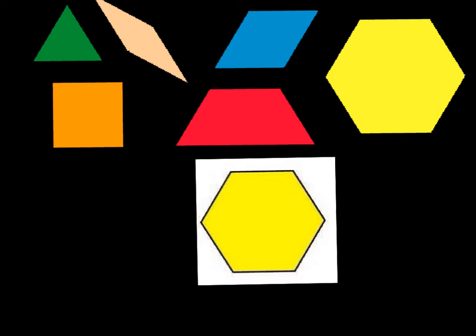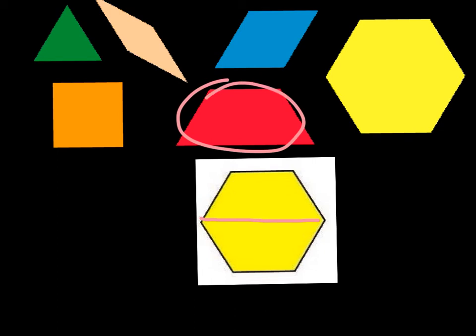Well, if you look at your pattern blocks at the top, the trapezoid is red, and it looks like I can fit 2 trapezoids on top of that hexagon, and then that would give me a whole. So a trapezoid would be 1/2 of the hexagon. So if I divided that like so, I should be able to fit 2 of these trapezoids to form one whole hexagon.